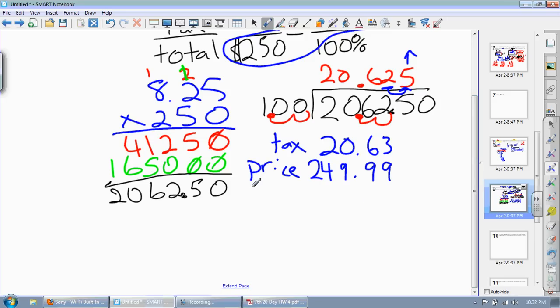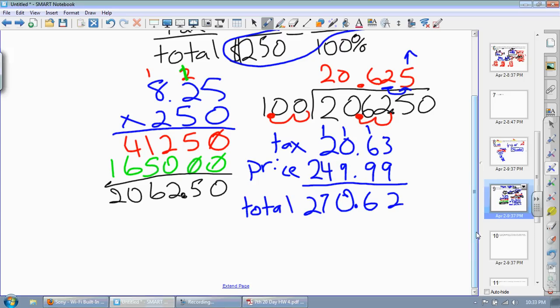So we get 2, carry the 1, 6, decimal, 0, carry the 1, 7, 2. So here's the total price he's going to pay: $270.62. So that's cool, but it says he can't pay it all at once.